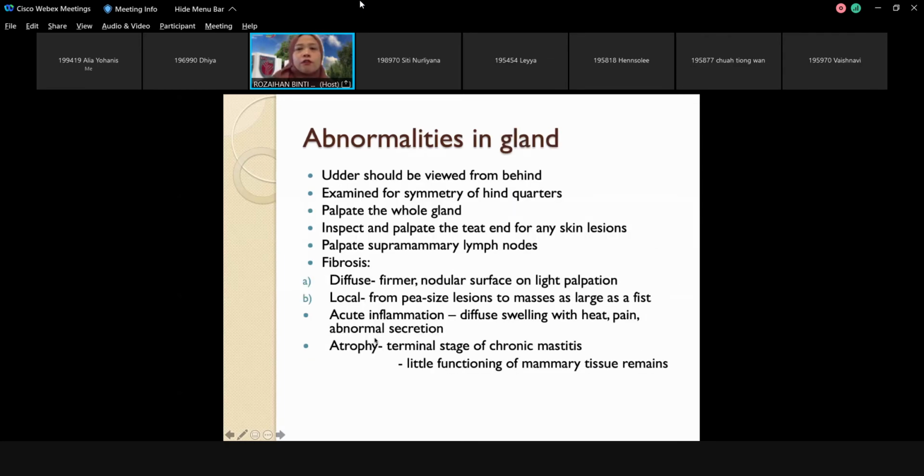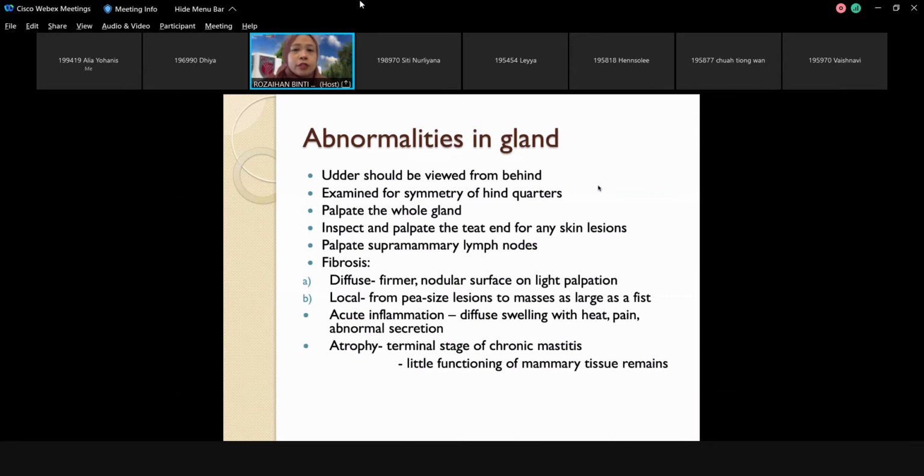And of course, abnormalities in the gland: you should view the mammary gland from behind. Before you touch the animal, before you palpate the mammary gland, you should stand behind the cow, so that you can appreciate the symmetry, if there are any changes in the size of the mammary gland.